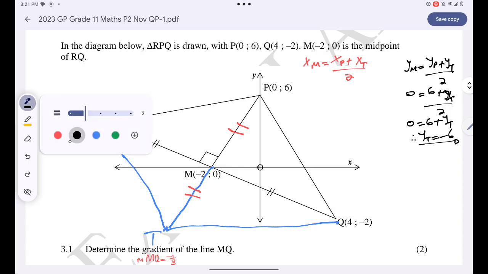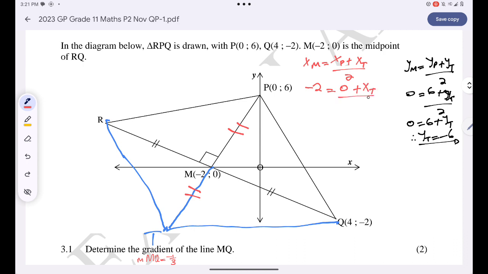Okay, now let me find the corresponding x value, and I'm also expecting the x value to be negative since T is in the third quadrant. In the third quadrant, both x and y are negative. I know that the x value at point M is negative 2. The x value at P is 0. I want to find the x value at T. This is all over 2 now.